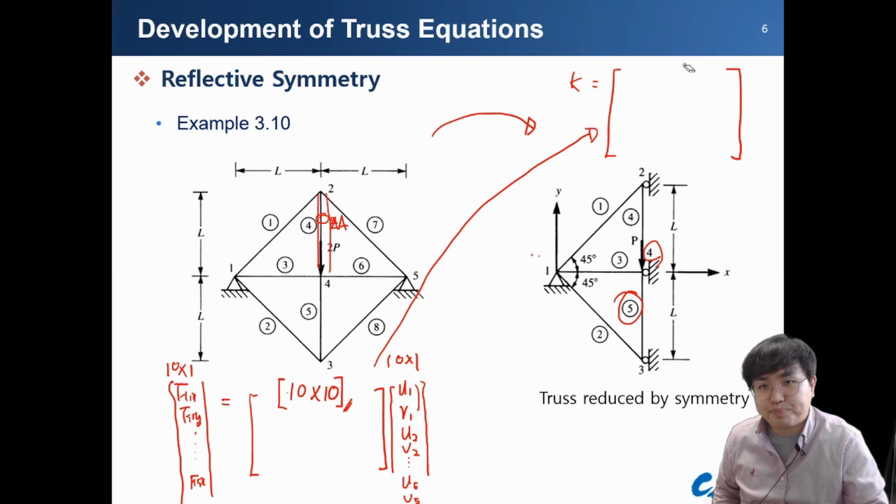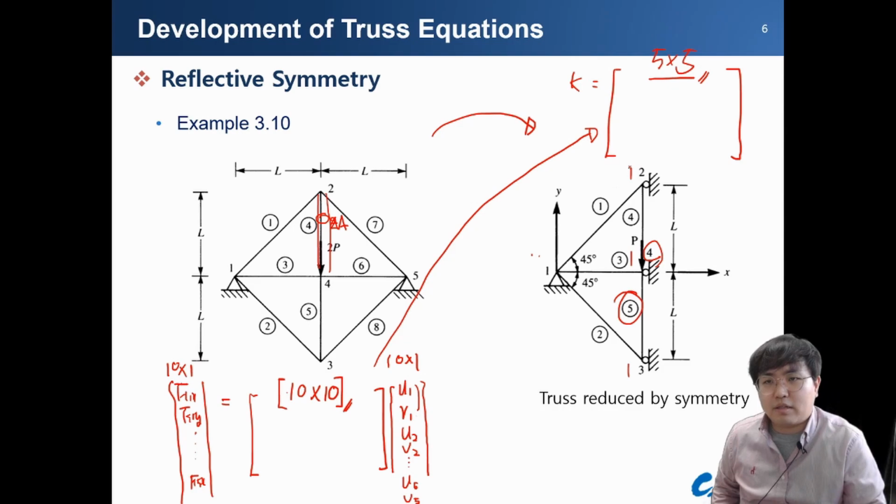However, these 3 nodes have only a single degree of freedom, so if we neglect the displacement in the y direction, the total global stiffness matrix size is equal to 5 by 5.